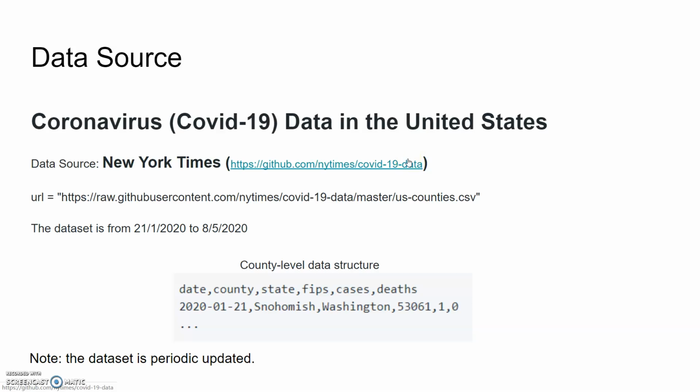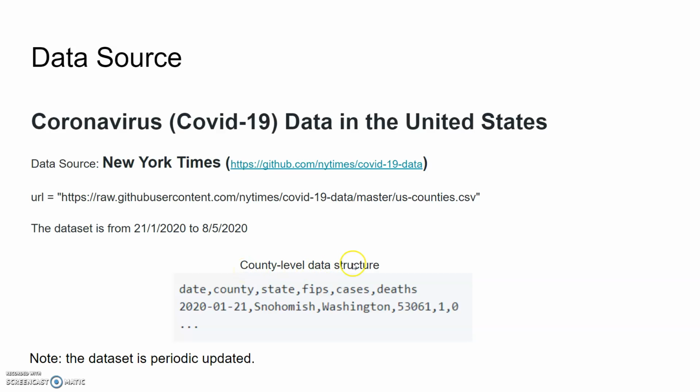The data source of the coronavirus 2019 in the United States is from the New York Times. The data set we use is from 2020 January 21st to 2020 May 8th.